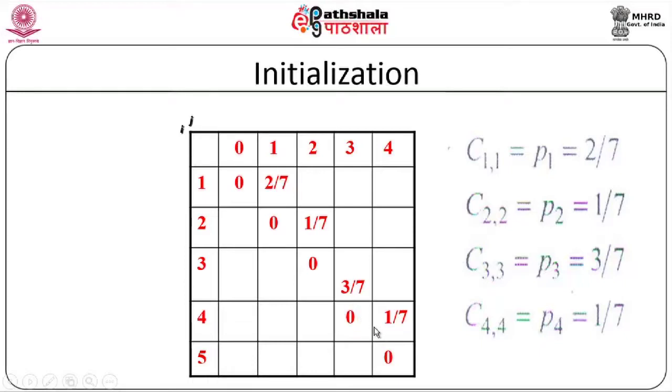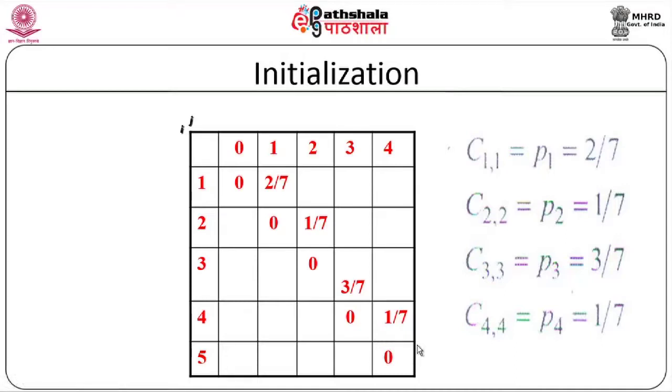This is how the initialization looks like, and you can see that 1 comma 0, then 2 comma 1, 3 comma 2, then 4 comma 3 and 5 comma 4 are all going to be 0. Now this is how the initial table is going to look like.